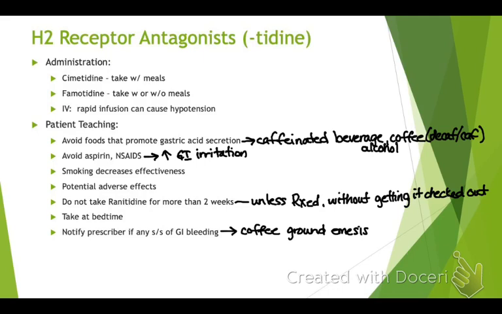If they're getting it over the counter, you don't want them taking it for more than 2 weeks without getting checked out by a physician. Most of them you want to take at bedtime. And again, notify your prescriber if you have any signs and symptoms of GI bleeding, so coffee ground emesis, things like that are going to be your evident signs.